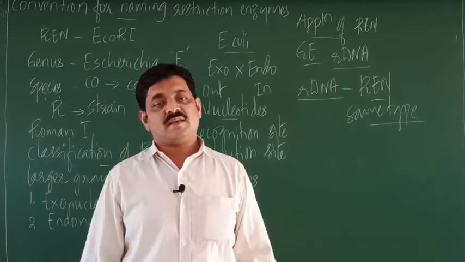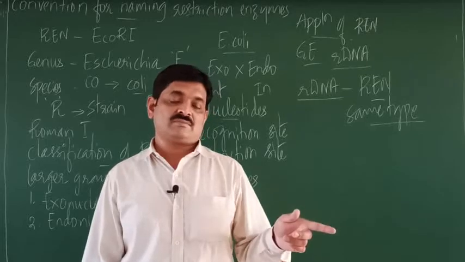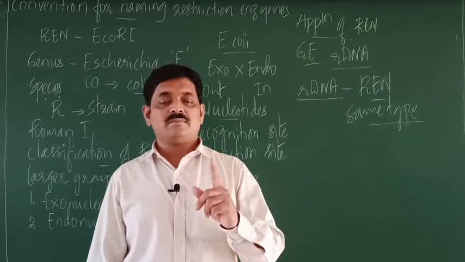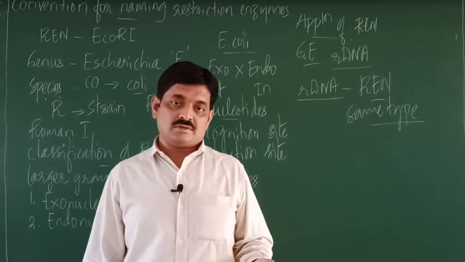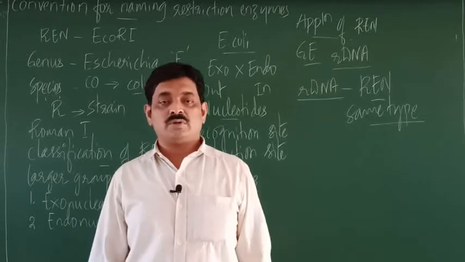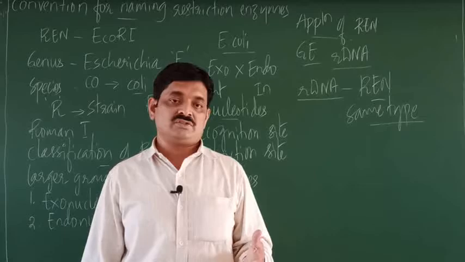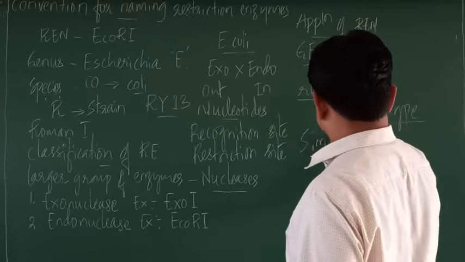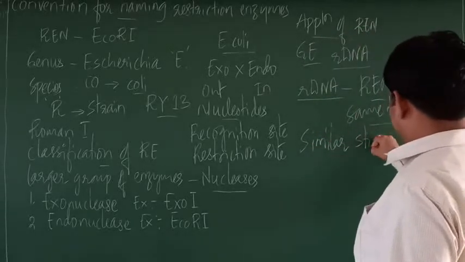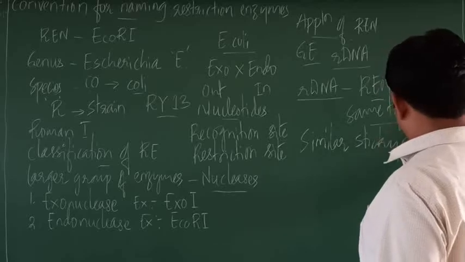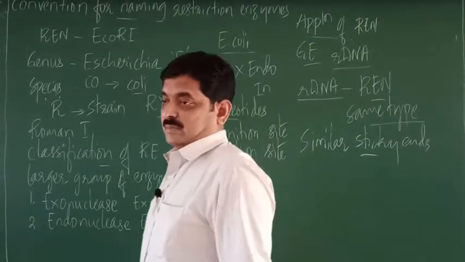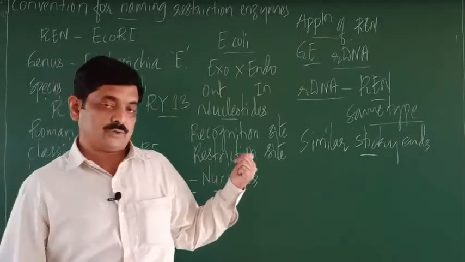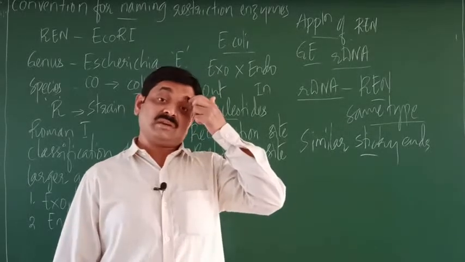Why should the same REN be used to cut the plasmid and to isolate the desired gene? The reason is, when the same REN is used, similar sticky ends are produced. What are the sticky ends?